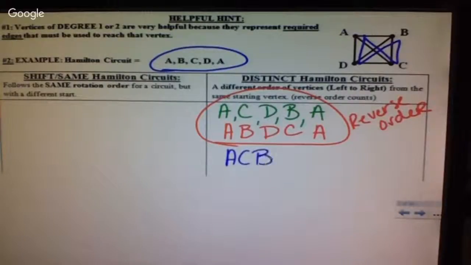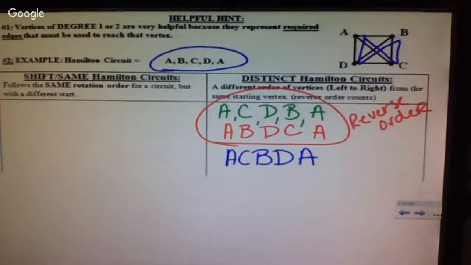A, C, B, D, A. And you even wrote it wrong. You have another one. Where's that?